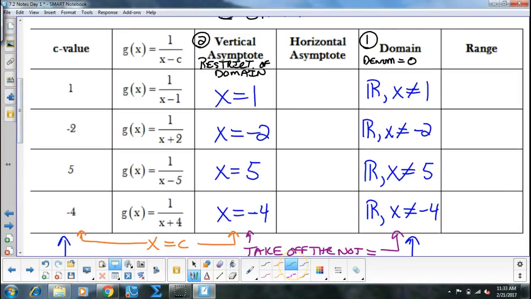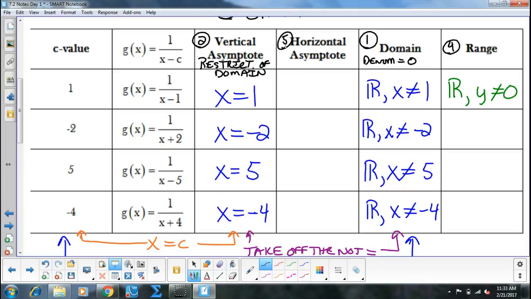So the range then is going to be all real numbers with the exception of y cannot be 0. Because I hit every other y value except 0. And I know that because fraction logic tells me that that fraction will never be 0. Okay? So the fourth thing that we could find then would be the range. And then last we would find the horizontal asymptote. Now, if you want to flip-flop those around, you can flip-flop those around.